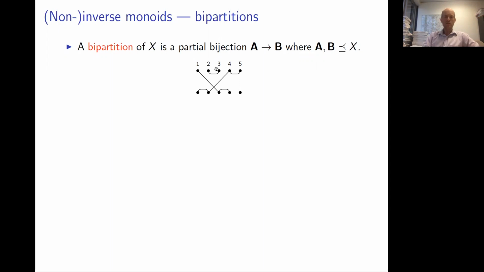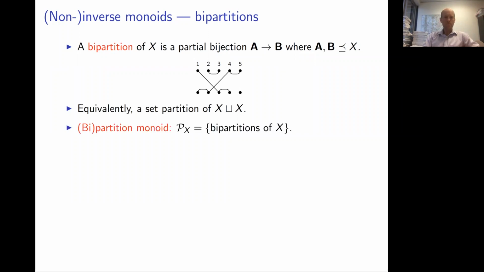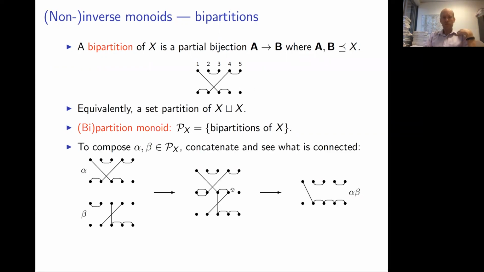So here is a block that just isn't in the domain of this thing. Like I said, the normal way to think of this is these things are set partitions of two copies of X. But we end up with a bipartition monoid, normally called the partition monoid. And the composition is basically the same. You stack these things together, you see what gets connected, and then you have a new one of these things.